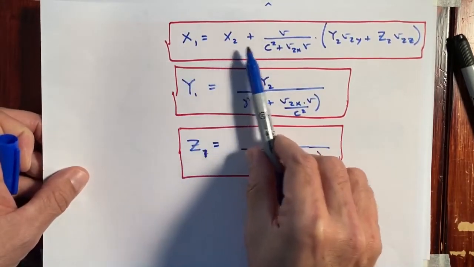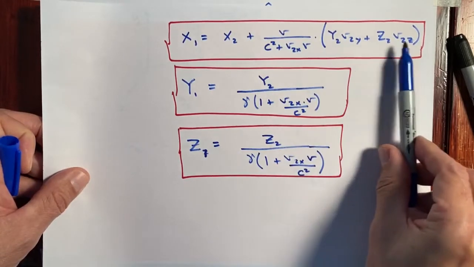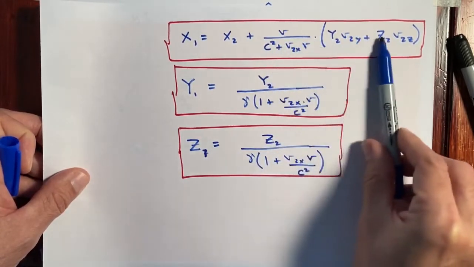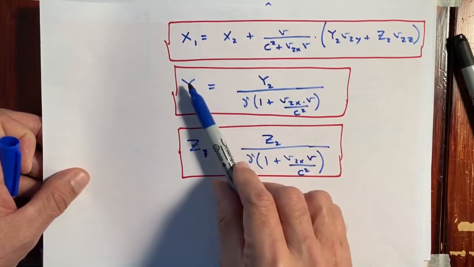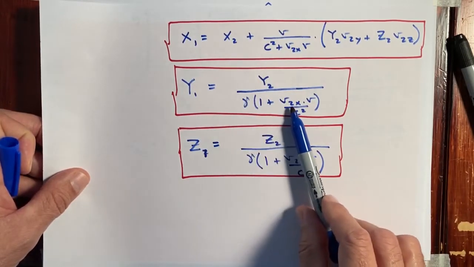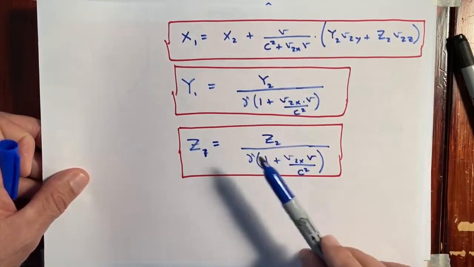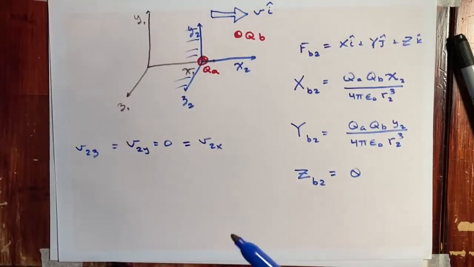x1 equals x2 plus this times this product, but since this is 0, that entire term goes to 0. Similarly, y sub 1 equals y sub 2 over only gamma, because v sub 2x goes to 0. So those going to 0 does simplify our equations. We're not going to worry about z.